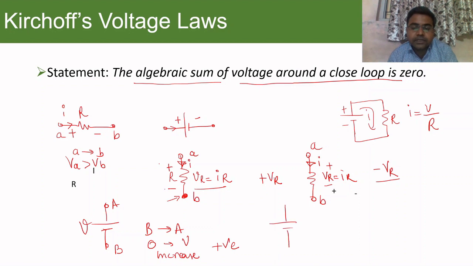In the alternative way, let's say this is V with A and B, and I am moving from A to B. While I was on A my potential was plus V, and when I reach B it becomes 0, so it decreases.